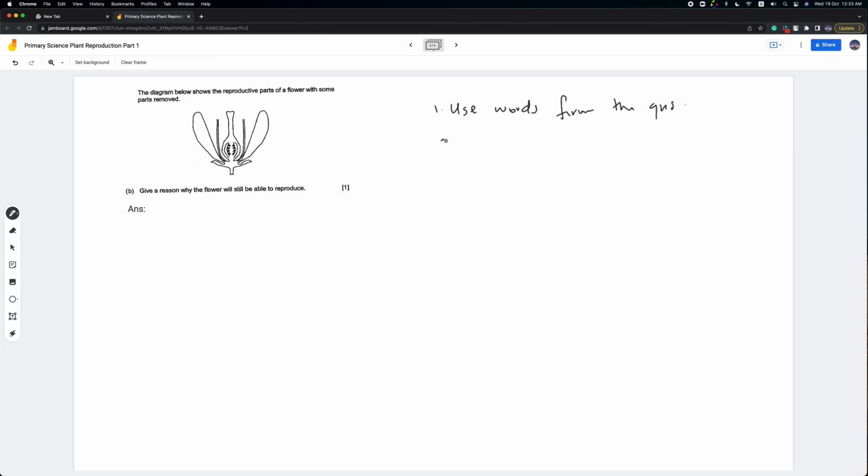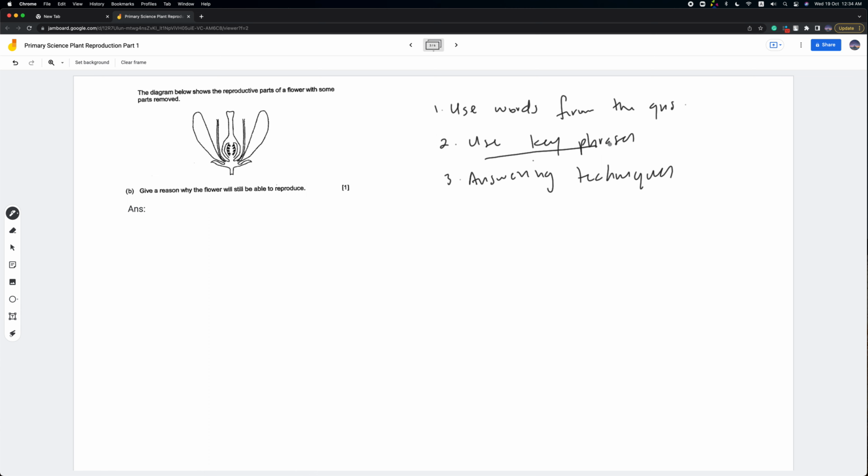Number two, use key phrases. And number three, answering techniques. Answering techniques can include a few other things also, like comparing and stuff like that.